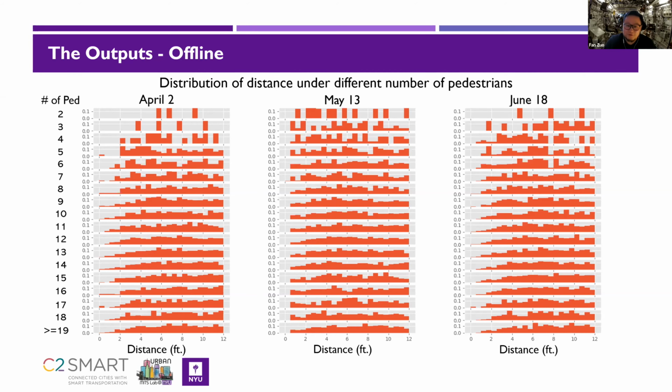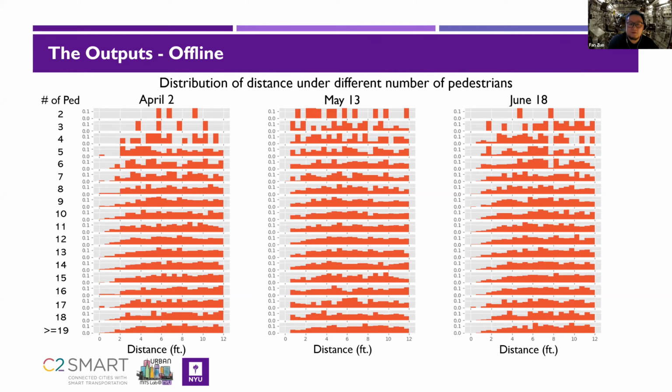I mean, normally distributed again, but the peak keeps moving left, which means that people are gradually reducing fear of the virus. But if you compare June's pattern to April's pattern, you can still find that the peak is moving left, because people are okay with getting close to each other, right?